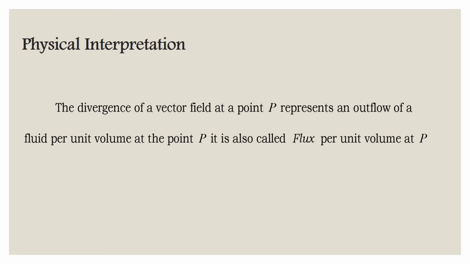This vector field can be written as f of x, y, z equals f1 i cap plus f2 j cap plus f3 k cap. Actually, it represents a fluid flow, or it may be an electric flow through a circuit.